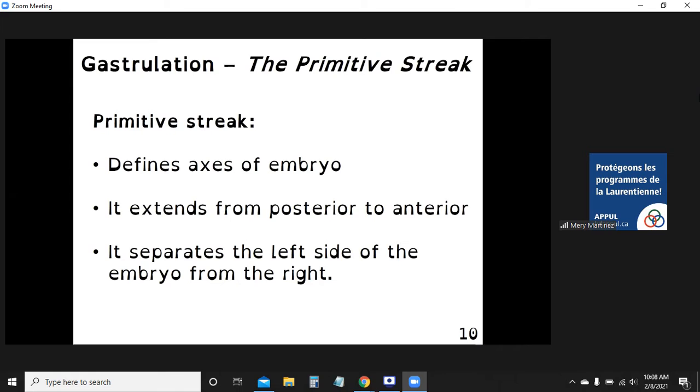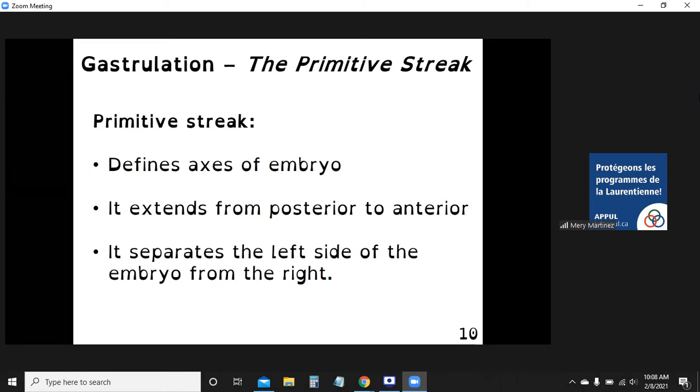So this primitive streak defines the axis of the embryo. It extends from the posterior to the anterior section, and we're going to have a population of cells that are going to start going into the inside of the embryo from the outside, from the dorsal side, everything that was in that zona, okay? And start moving inside and moving forward in the embryo.